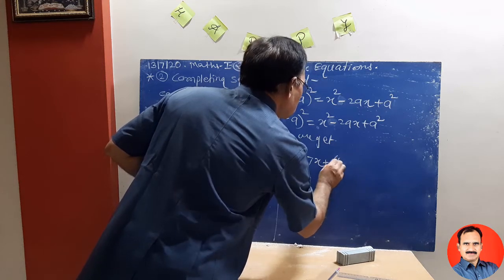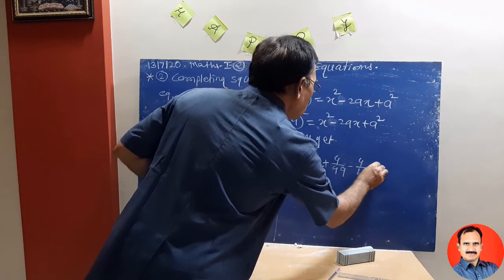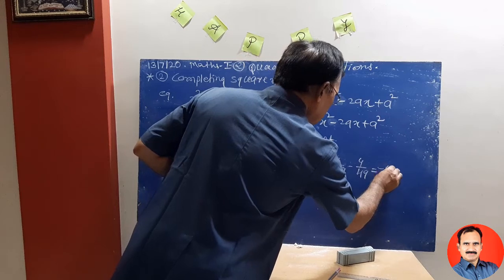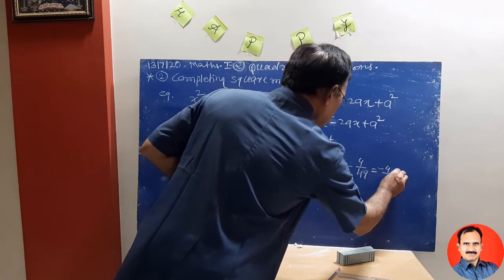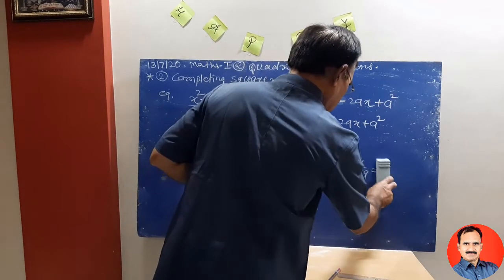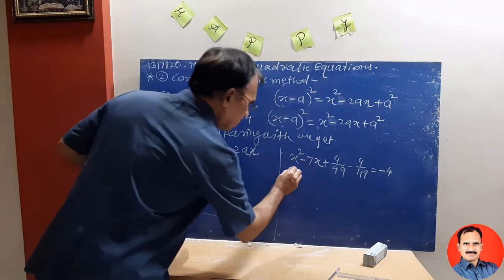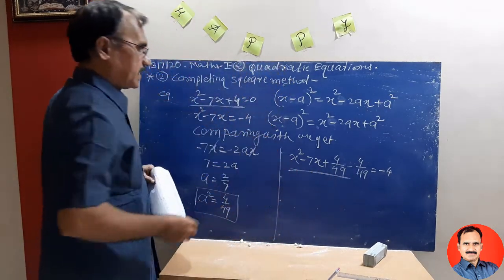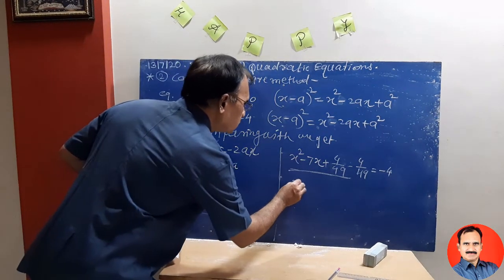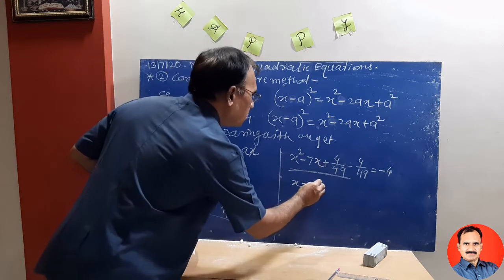4 upon 49 minus 4 upon 49 is equal to minus 4. Now consider these three terms. These are a perfect square: the root of the first term, the sign of the second term, and the root of the third term.